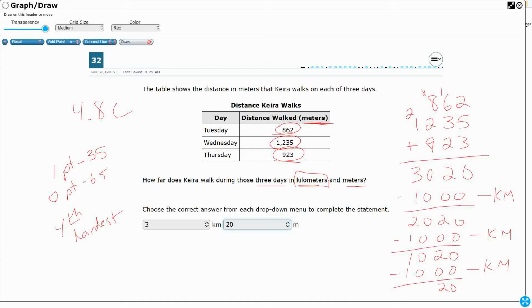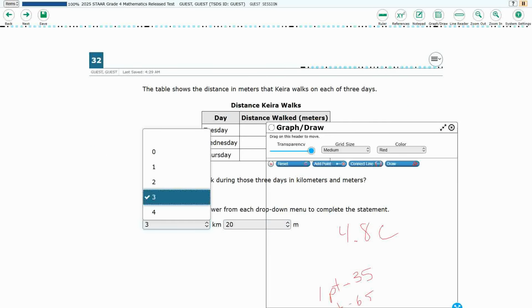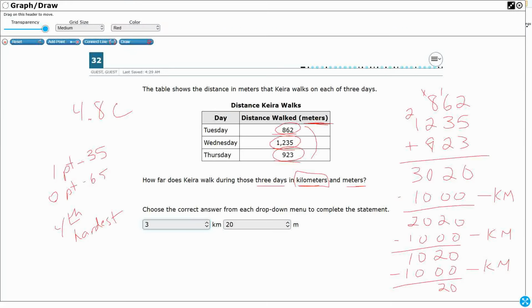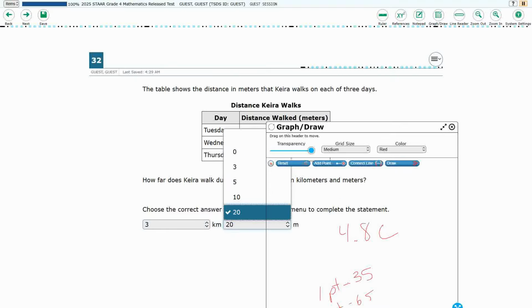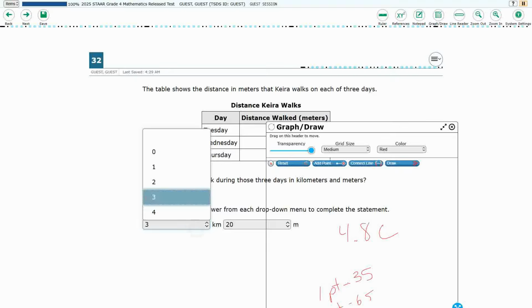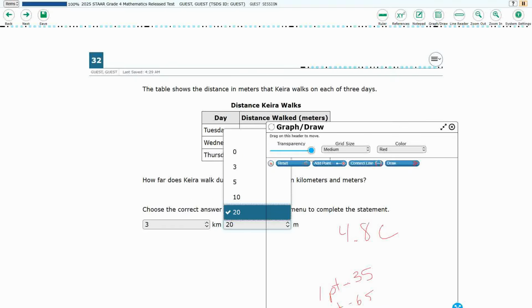I'm hoping the difficulty was not necessarily in adding that. All right, look at our answers here. We couldn't have put that 3020 there in either way. What we could have done is just put the 3000.